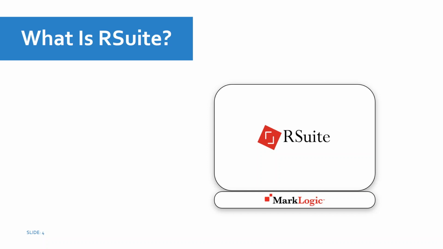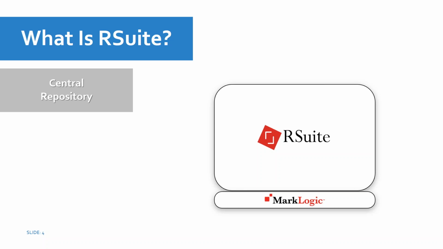So what is RSuite? If you aren't familiar with RSuite at all, or if you haven't been exposed to it, this next couple of slides will just give you a general idea of what RSuite is and what it can do. And really, no matter what you are publishing, RSuite can help manage the entire publishing process.